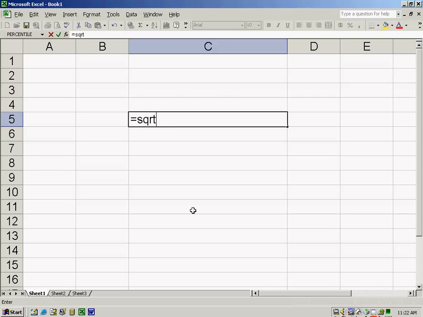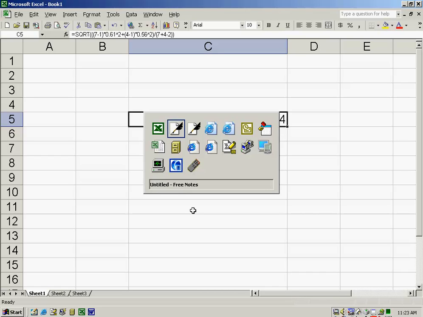So it's equal square root of 7 minus 1 times 0.61 squared plus 4 minus 1 times 0.56 squared, divided by degrees of freedom, 7 plus 4 minus 2, and the standard deviation sigma hat is 0.5938.